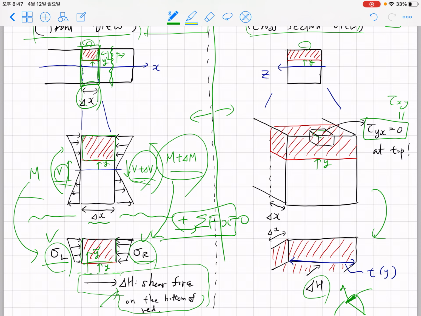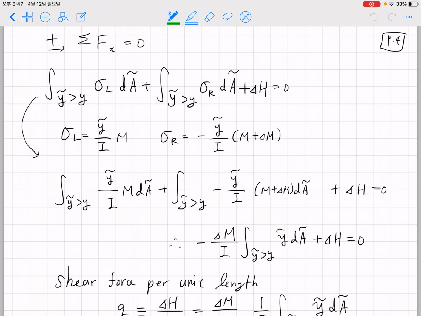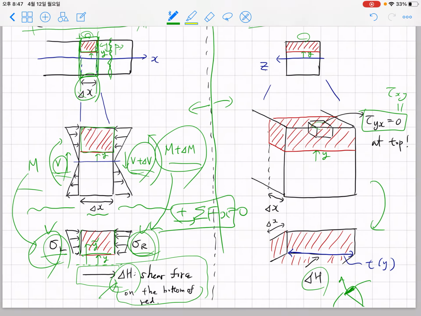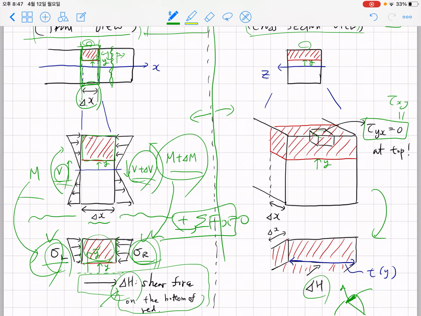Here you have to be careful: this has dimension of stress, this has dimension of force, so you've got to be careful. Out of this mechanical equilibrium along the x direction, when you do integration over sigma L, you should not integrate over the entire cross section, because you are considering this red block, and you are interested in this shear force delta H at y position.